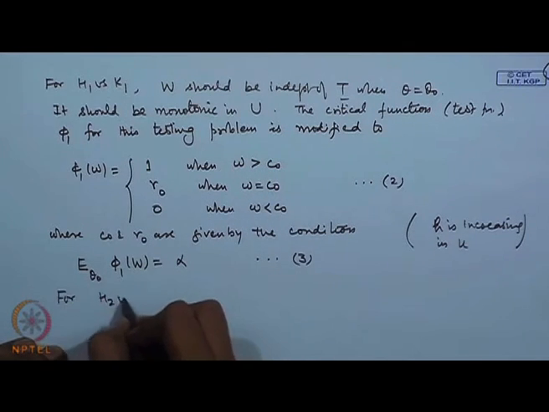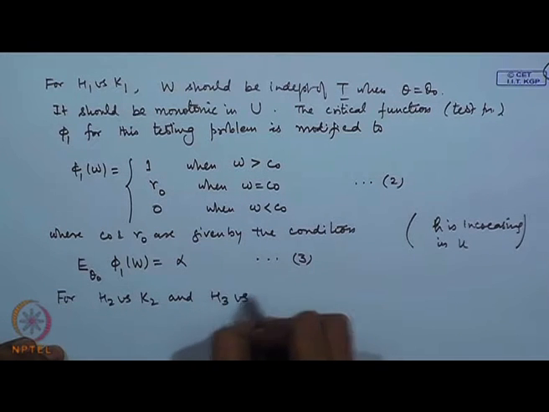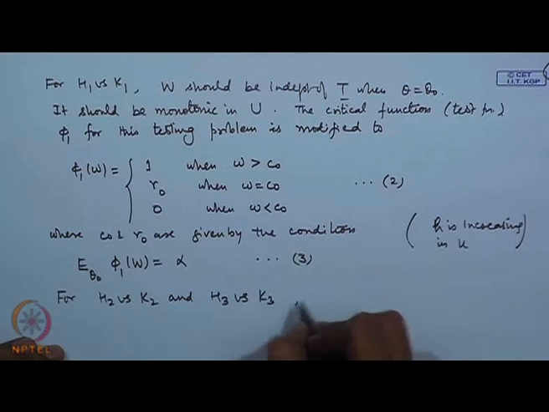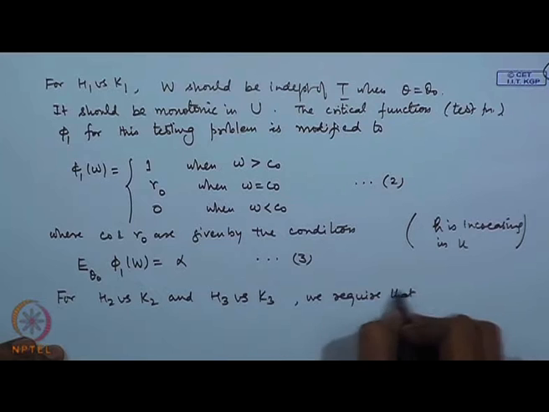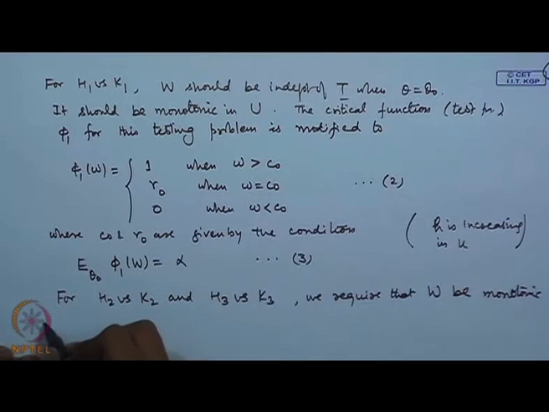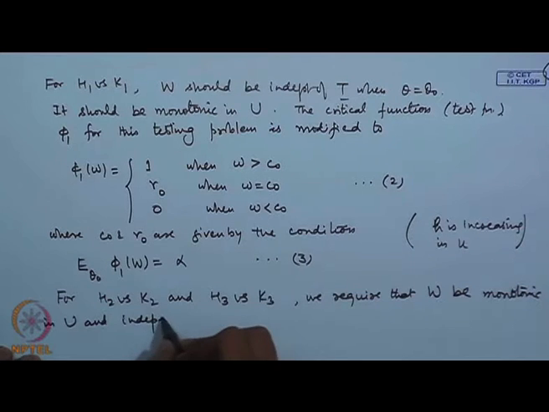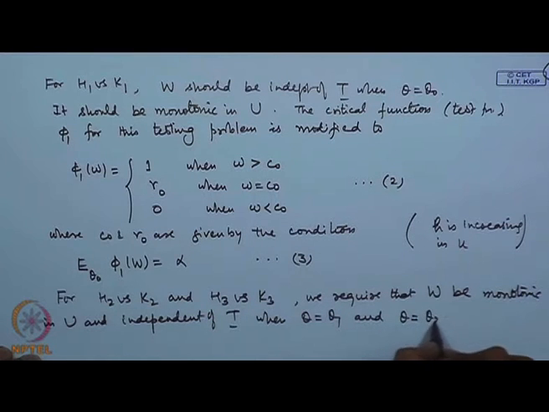For H2 versus K2 and H3 versus K3, we require that W be monotonic in u and independent of t when theta is equal to theta 1 and theta is equal to theta 2.